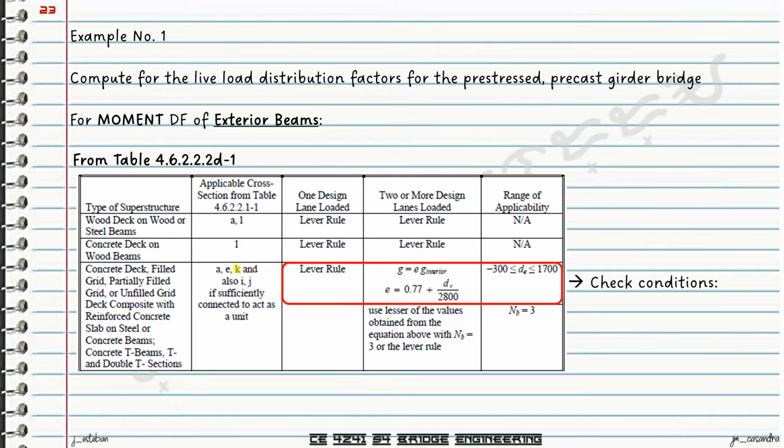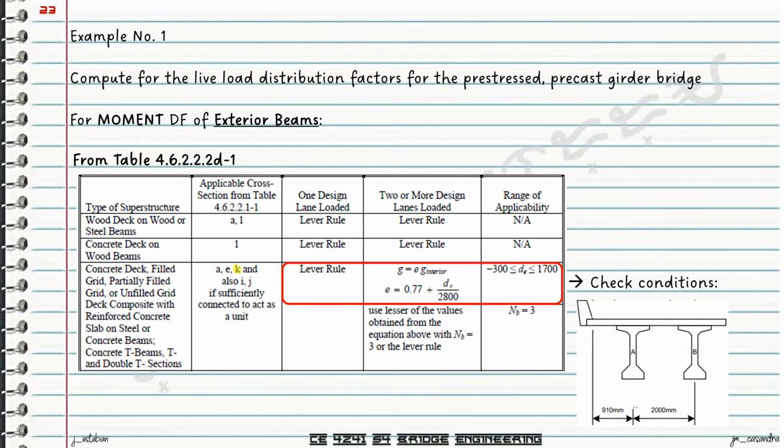So with this, we check the conditions. The condition will depend on d sub e, which is the distance of our exterior web to the face of your parapet or traffic barrier.